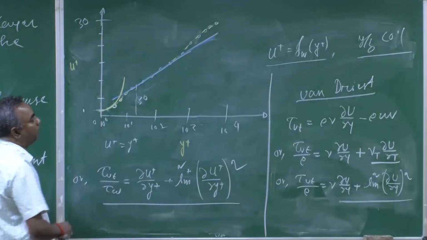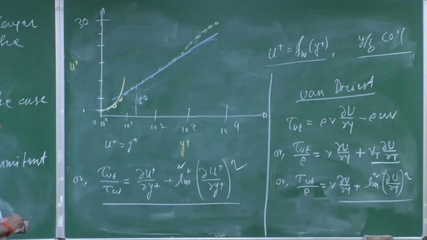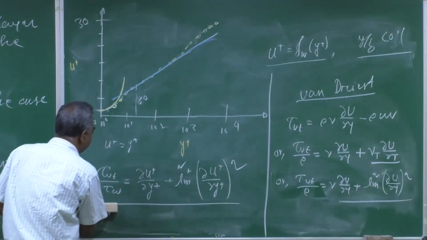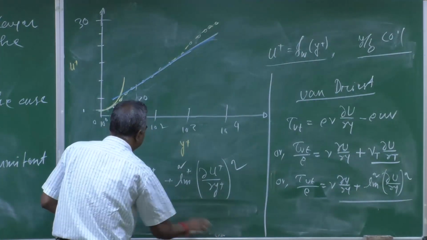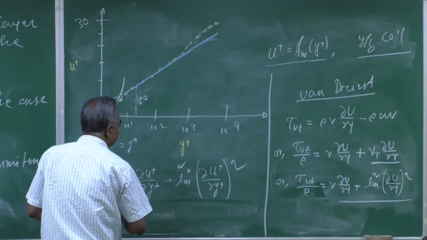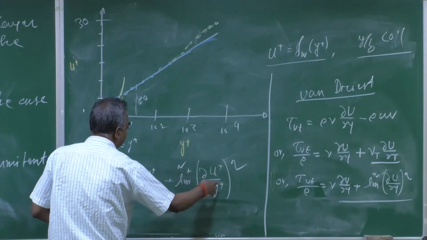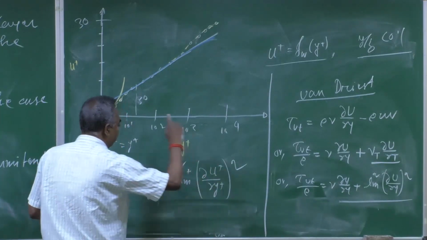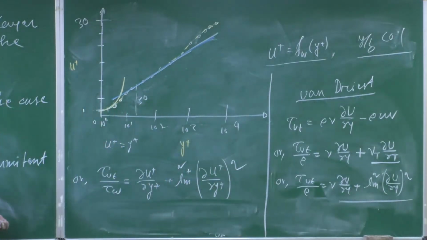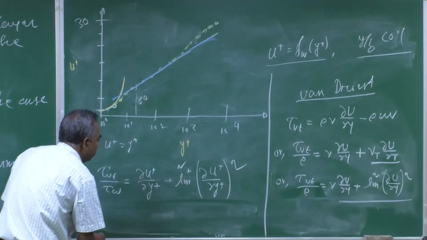So, this is what we can write, okay. Now, from this equation you see we can find the solution of this derivative, because it is a quadratic equation of this derivative. So, we can find the solution of this equation.